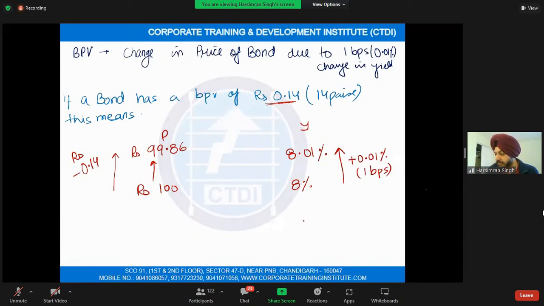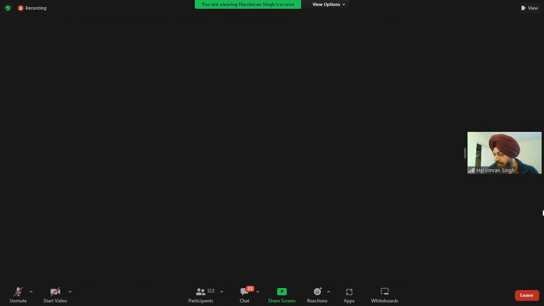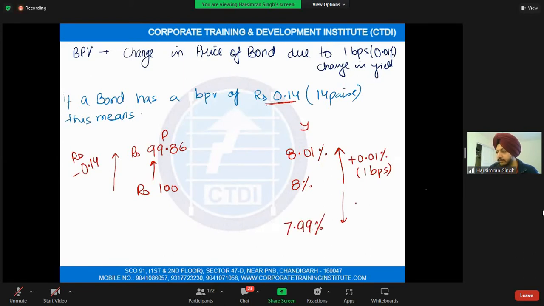And if the yield goes down to 7.99%, that is minus 0.01%, that is a change of 1 basis point in a downward direction, the price will increase by 14 paisa.